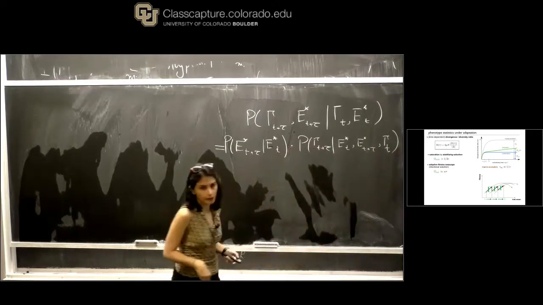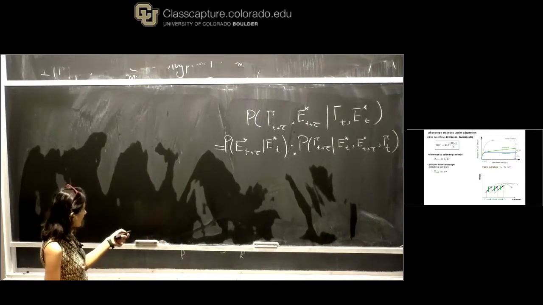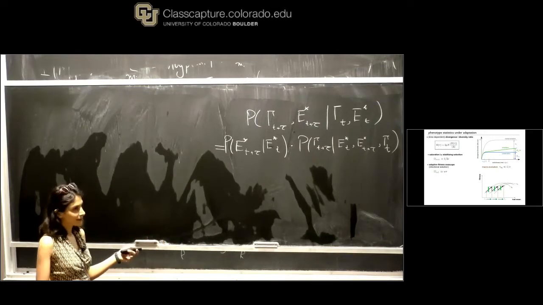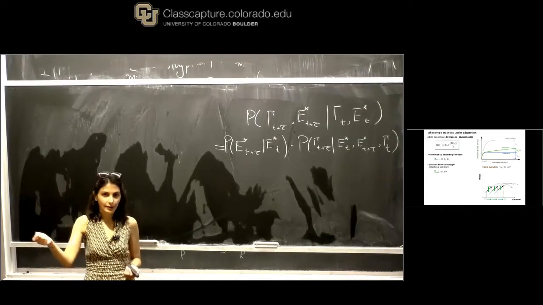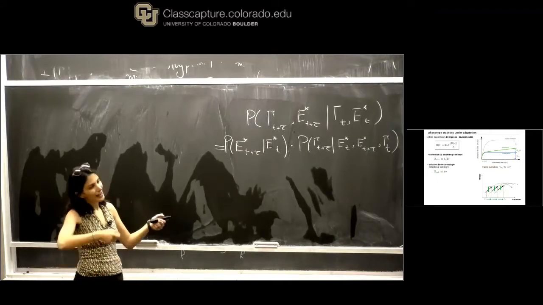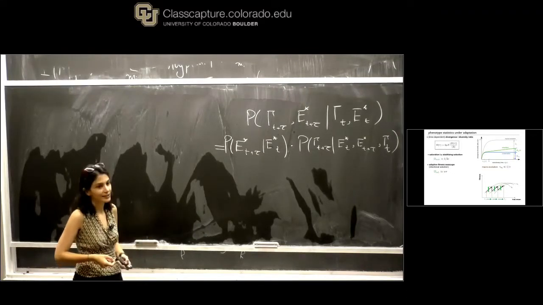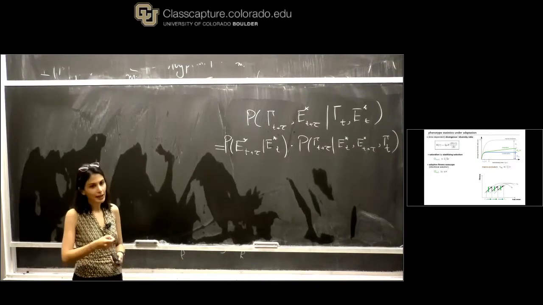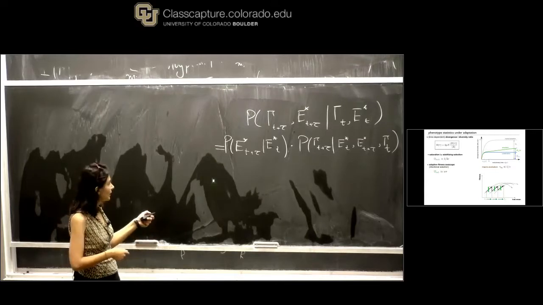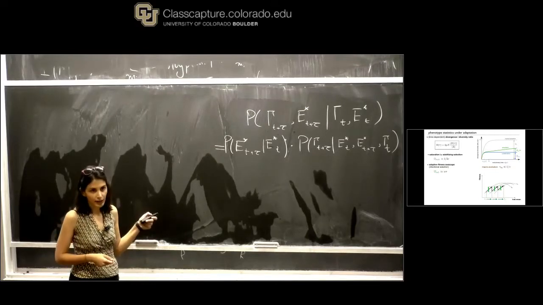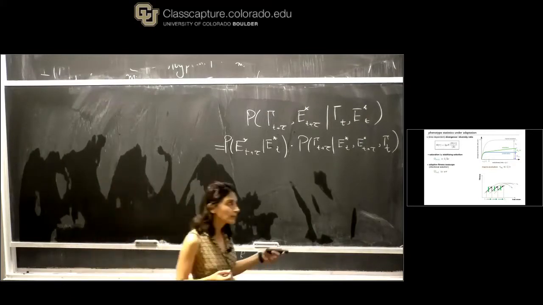Basically, the only thing that matters here is that your gamma at time t plus tau is informed by what your E star was at the previous time point, how much your E star changes, which is captured by E star at t plus tau, and also by gamma at the previous time point. So you can characterize these propagators. And the first one is basically the Gaussian propagator for your fitness fluctuation, and it's independent of gamma. All right.